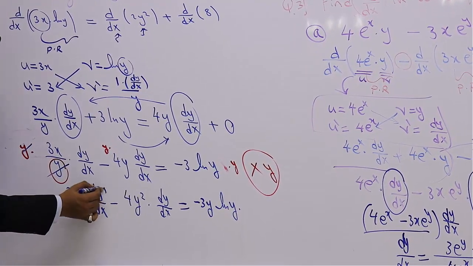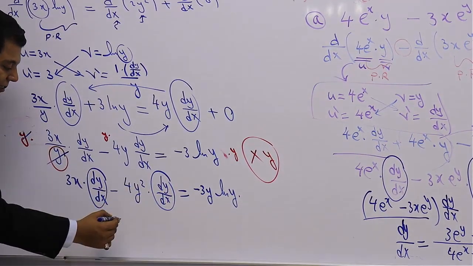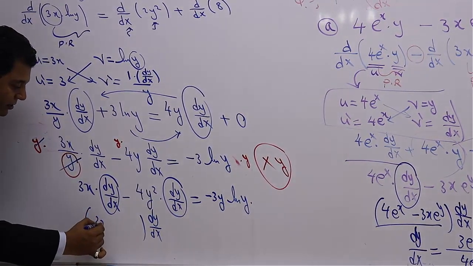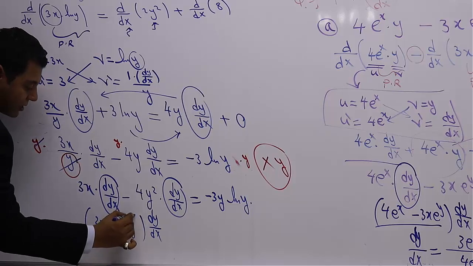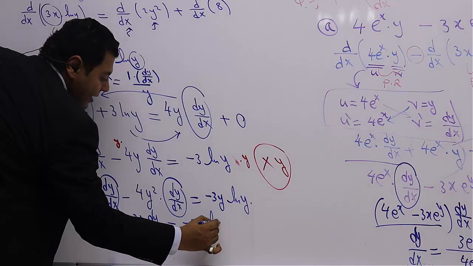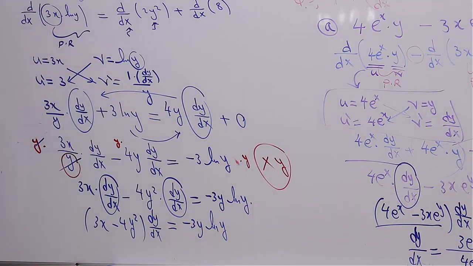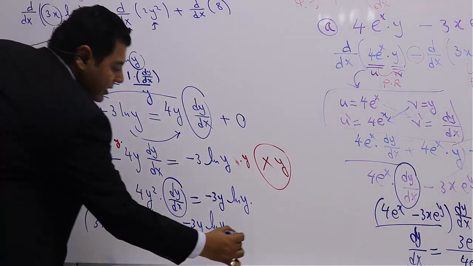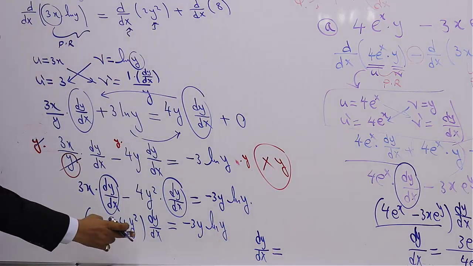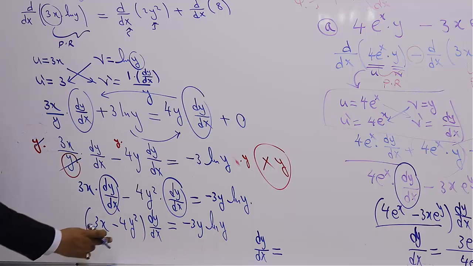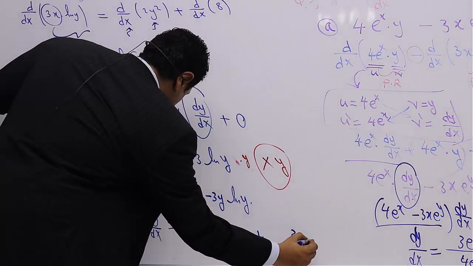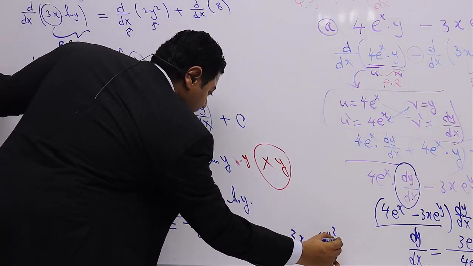Now factor out dy over dx by taking it out as a common factor. So the remaining here is 3x minus 4y squared. All of this is equal to minus 3y times ln y. So finally, we can find dy over dx by dividing the other side by the coefficient of dy over dx, which is 3x minus 4y squared.